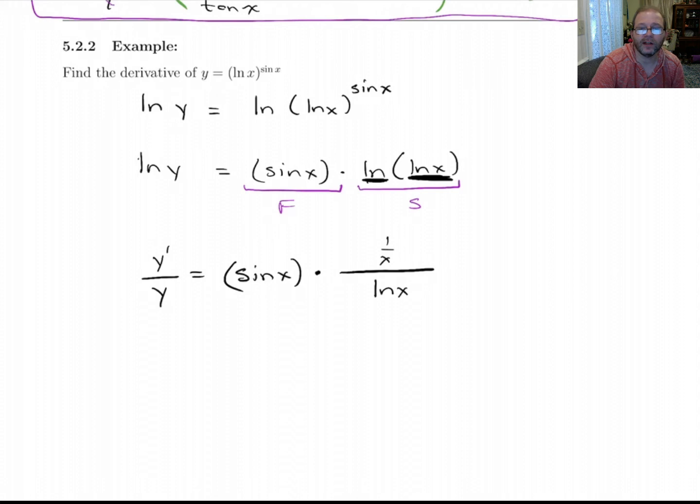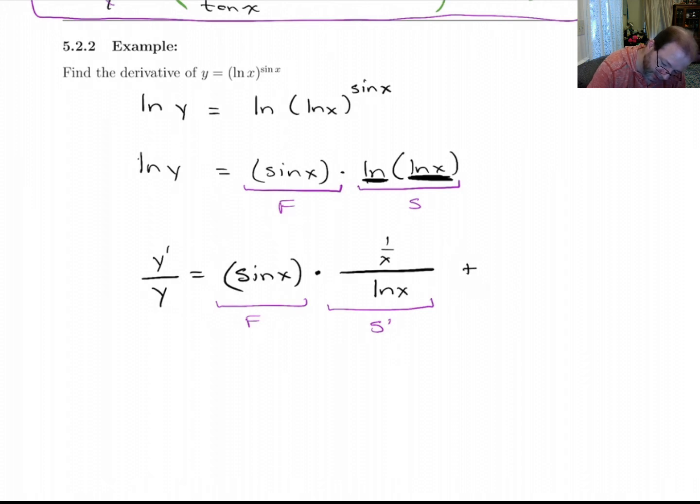So we get 1 over x over ln x. So that's first times derivative of the second. Maybe that's worth labeling. So f s prime plus the second function times derivative of the first. Okay, finally something easy. Derivative of sine is just cosine. So let's label that.